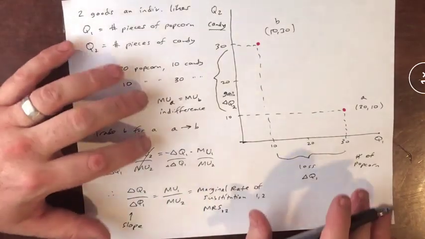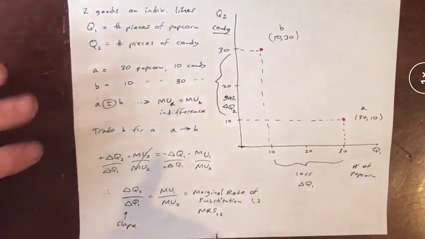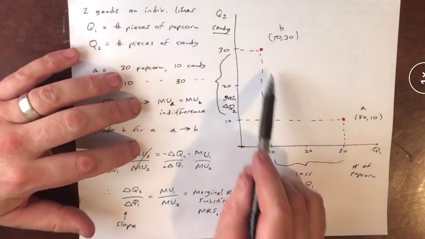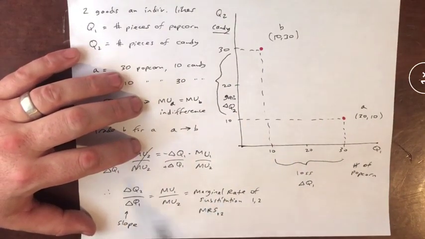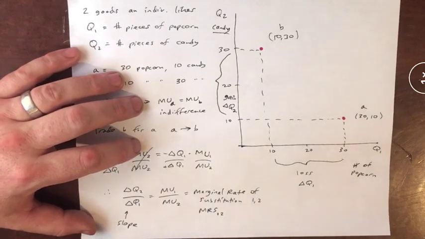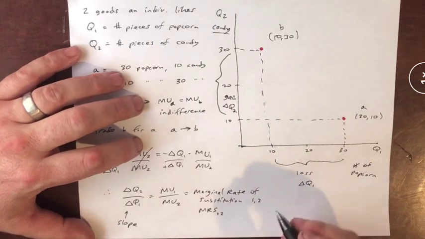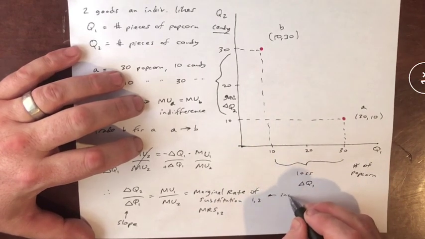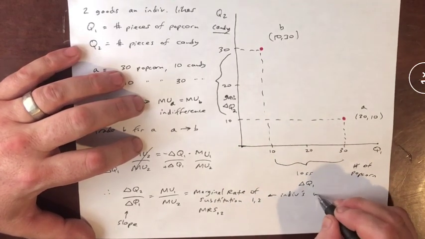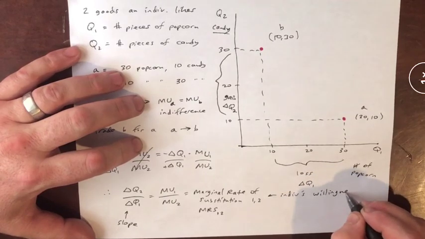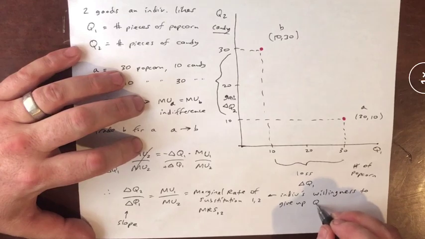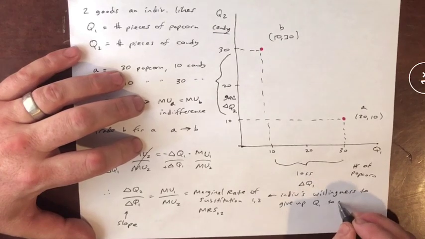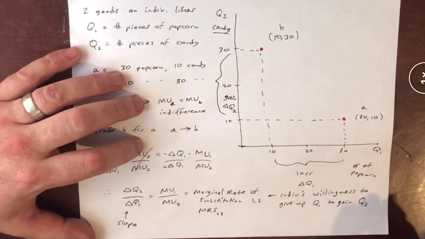So what we're getting from this is we've got two points the individual is indifferent between, and we have the person's willingness to give up one of them, to substitute one of them, to gain another one. So the marginal rate of substitution is the individual's willingness to give up good 1 in order to gain good 2.